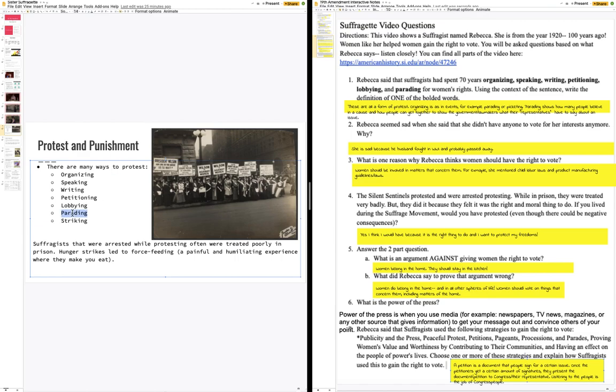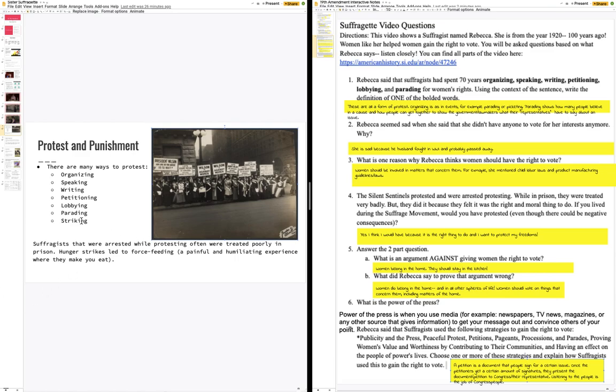And the Congress people say, hey, you know what? That's right. Another thing about parading is that it disrupts people's lives. And it kind of shows everyday people that, hey, these people have an issue that they want to be talked about. They will kind of disrupt other people's lives in order to get their point across.